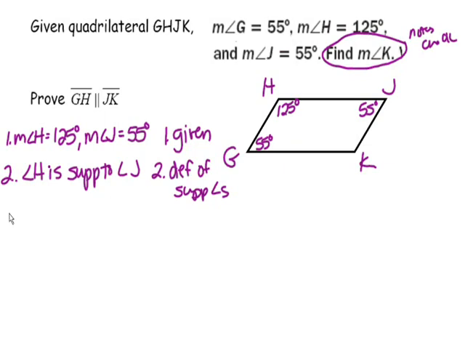Okay, now, how does that help us? Well, if these two angles are supplementary and they are consecutive interior angles, then my lines must be parallel. So we can go ahead and we can state that GH is parallel to JK.